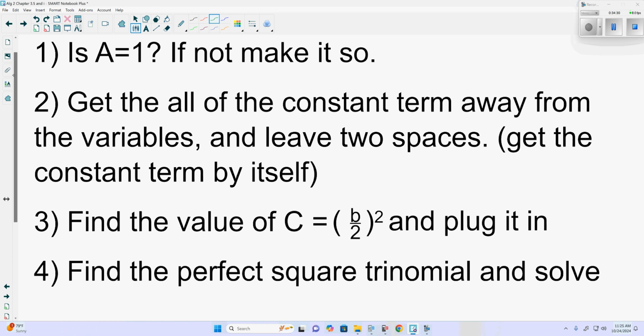Essentially what we're doing is getting the constant term by itself. Our number without a variable is going to be on one side. Our variables are going to be on the other. Step 3, find the value of c equals b over 2 squared and plug it in. Step 4, find the perfect square trinomial, factor it, and solve.